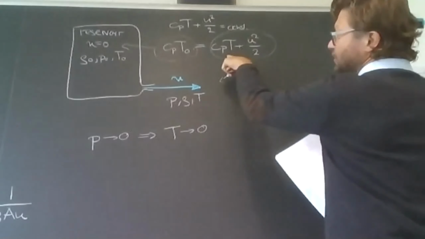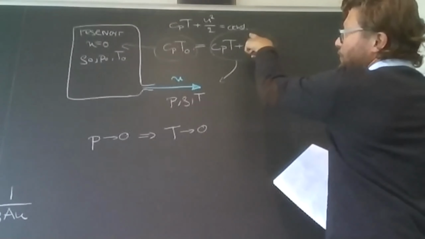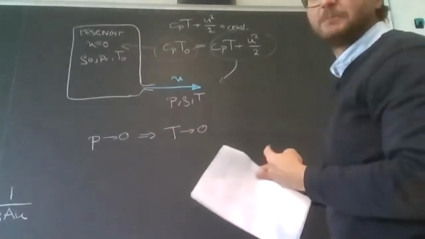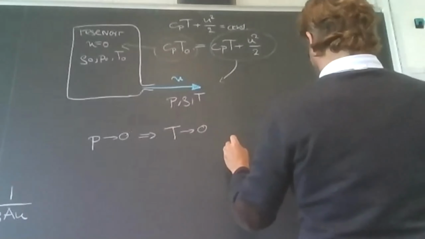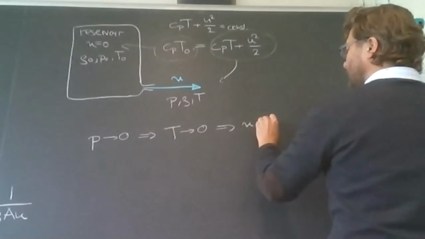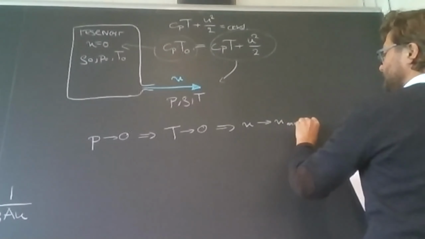And if the temperature goes to 0 out here, obviously u must become larger. It will go to a maximum possible velocity. So u will tend toward a u max.